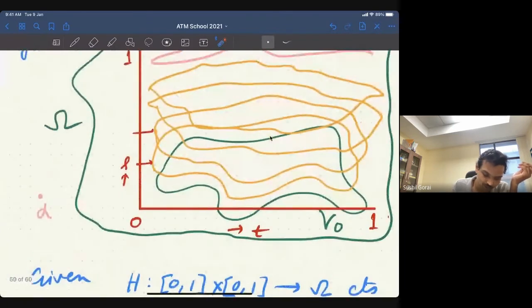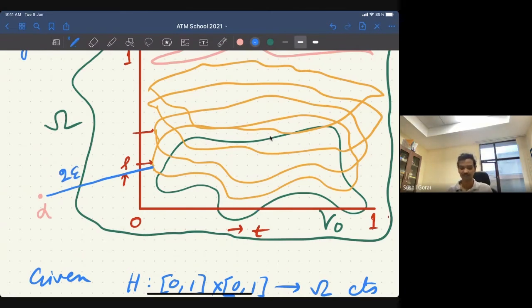So from the whole image of H, this distance is, let's say, 2 epsilon. The distance is much bigger. And what you would approximate in the following way: for each curve, you would actually consider a piecewise smooth curve. All right, like this.